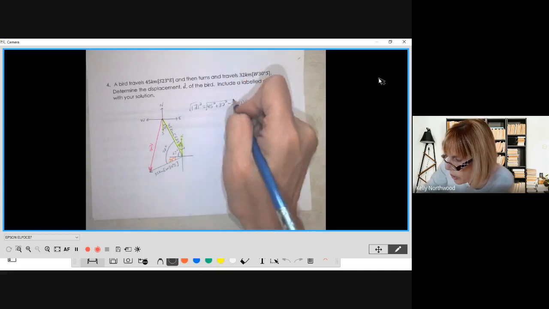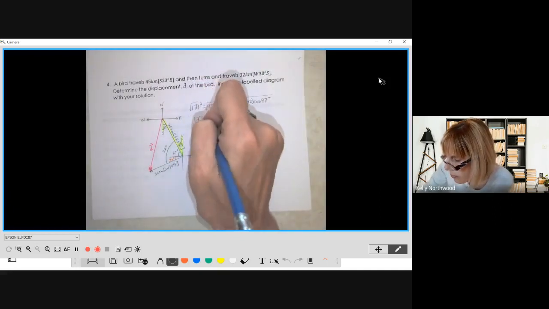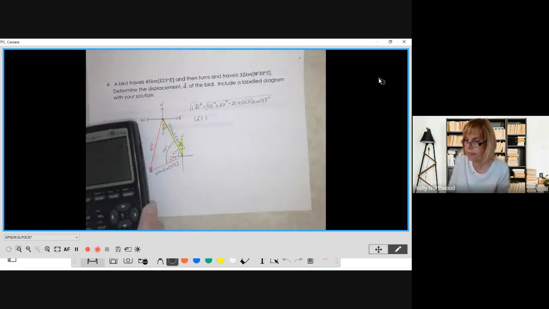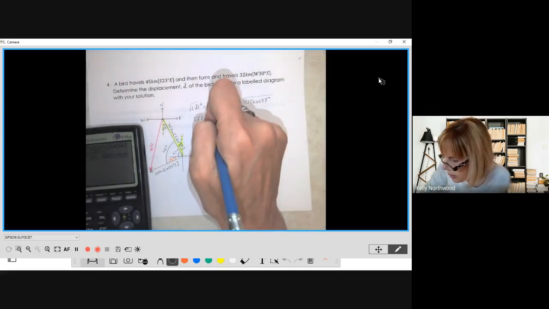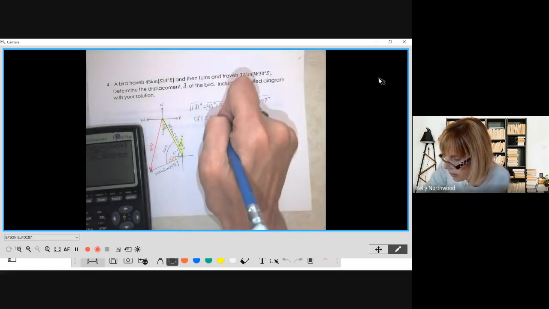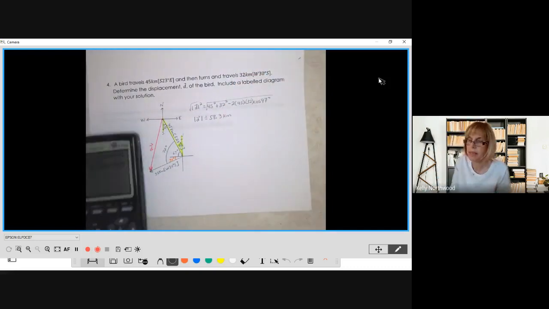Square root both sides. And I got 58.3 kilometers for the magnitude of my displacement.